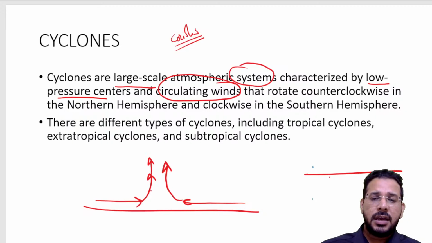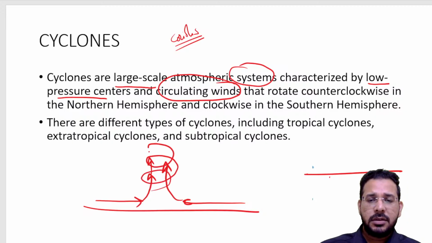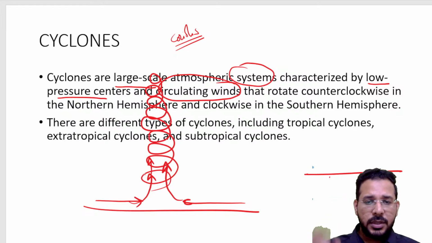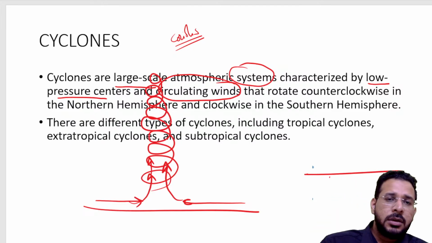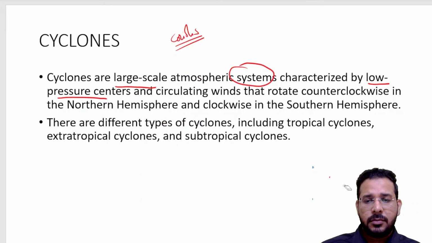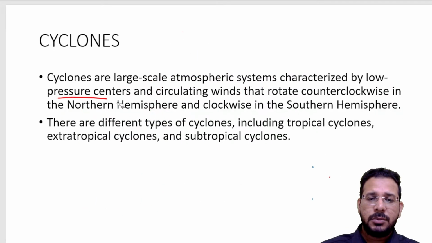So this rising air is circulating because of the Coriolis impact. In this way, a cyclone is formed because of the development of the low pressure system. So we will understand different details about these cyclones.